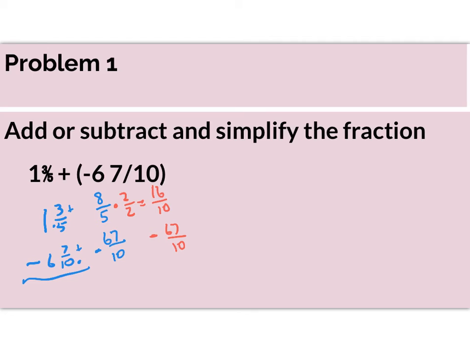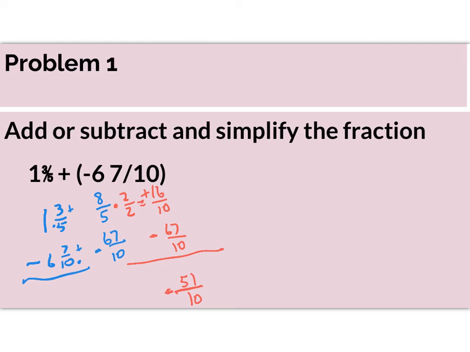There's no sign in front of the 16, so make it a positive. They line up vertically. The bottom always stays the same when adding and subtracting. Different signs subtract. So 67 minus 16 will give us 51. Take the sign of the larger number from the integers videos, and we get negative 51/10.